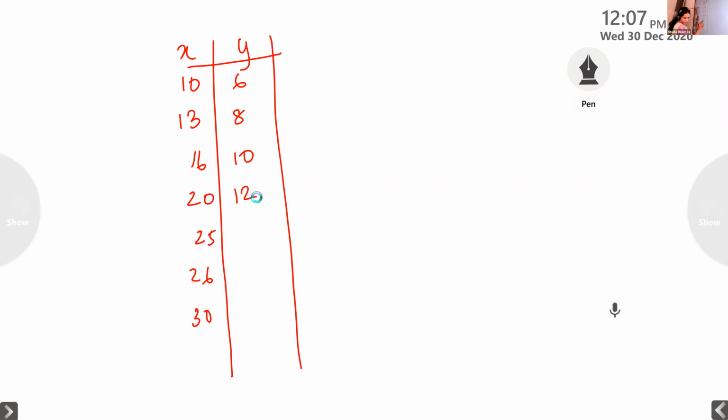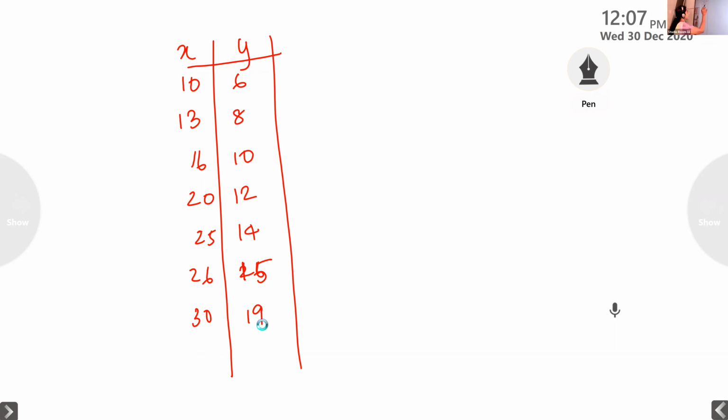The value of B is 14, then 15 and 19. So X is 10, 13, 16, 20, 25, 26, 30, and Y is 6, 8, 10, 12, 14, 15 and 19. So X and Y we have.